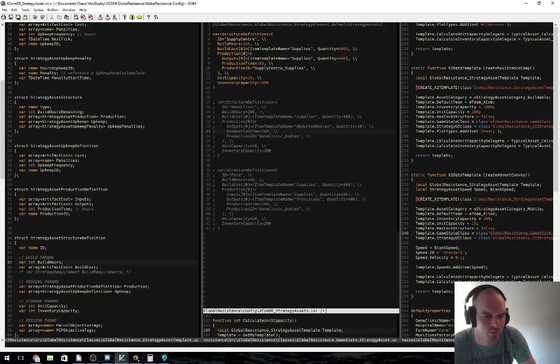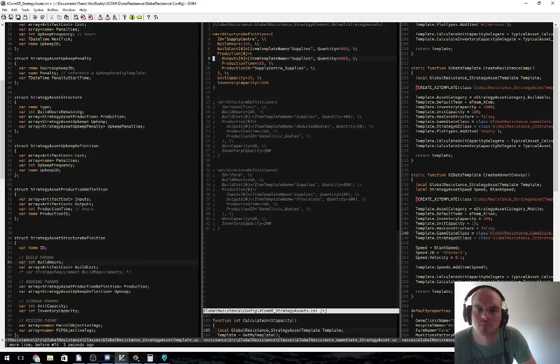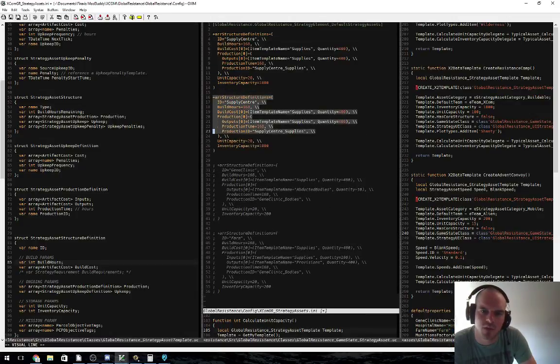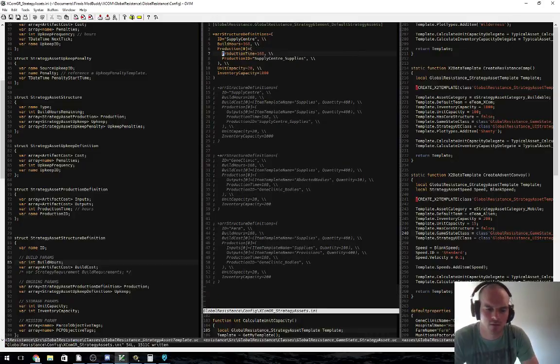Production, upkeep, unit capacity, array name. Let's copy paste this, we'll comment it, and then we'll get rid of all the build costs and the outputs and see if that's what's causing our drama.